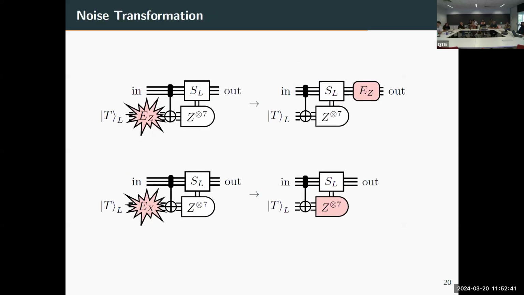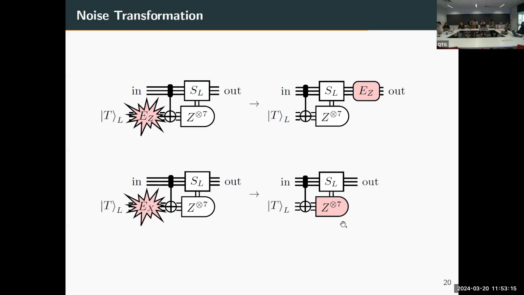Yeah, and the reason why this happens is essentially a gadget effect of the magic state injection: if you have Z noise on your logical magic state, this spreads to a Z error of the same syndrome on the logical qubit that you're acting on. But if you have X errors, these don't even spread, right?